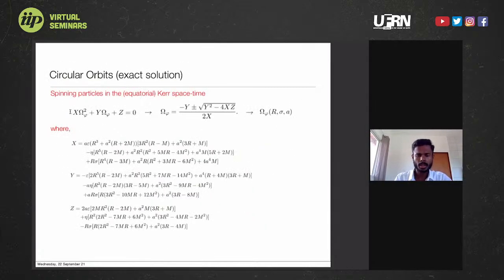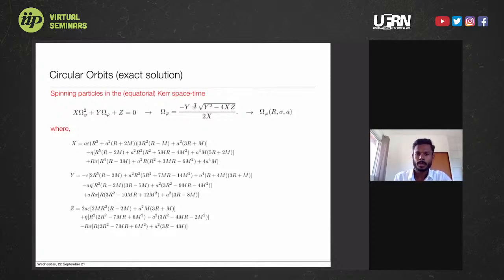The remaining equation will be of this form, where omega phi is the azimuthal frequency, and x, y, z are nothing but constants, which are functions of the radius of the orbit, the spin of the particle and the spin of the black hole. So now we can straight away write the solution for the azimuthal frequency of a spinning test particle in the Kerr plane, which is the quadratic equation, very straightforward to write.